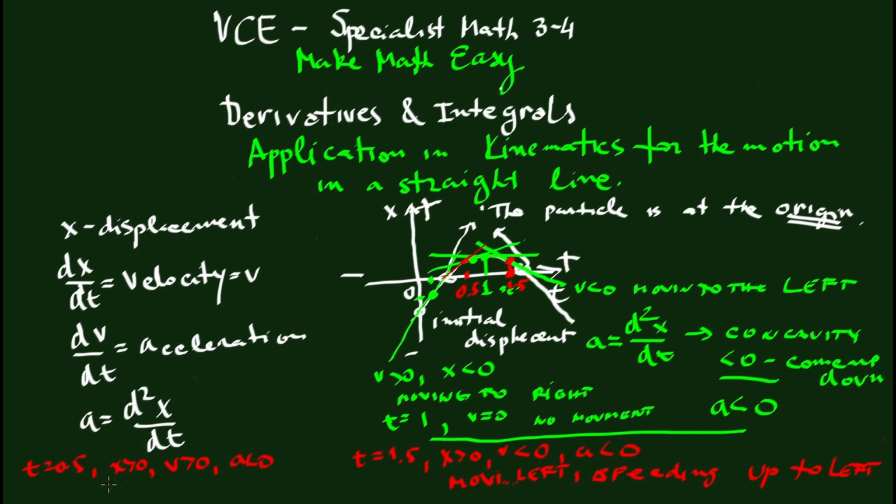So the particle is to the right of the origin, v is greater than 0, which means it's moving to the right, and the acceleration is in the opposite direction, therefore it's slowing down. So it's slowing down, moving to the right.